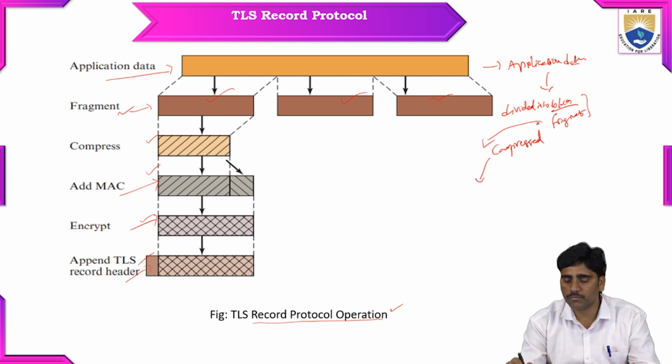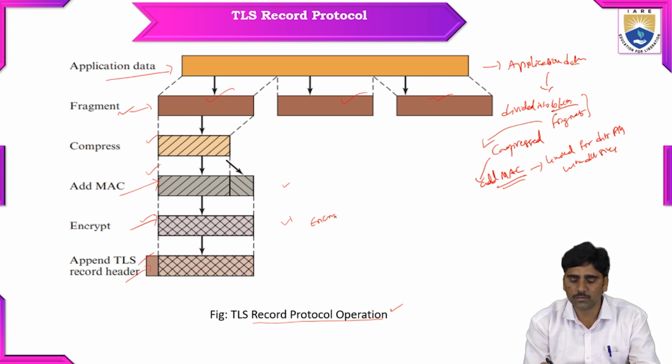After compressing the data, the MAC function is applied, with MAC sizes varying for different algorithms. After applying the MAC, it is encrypted with the help of some encryption algorithm. After that, the TLS record header, which has different TLS fields, is appended.